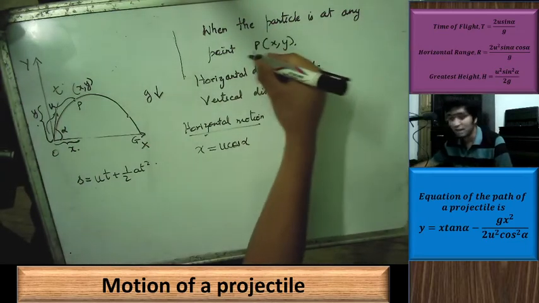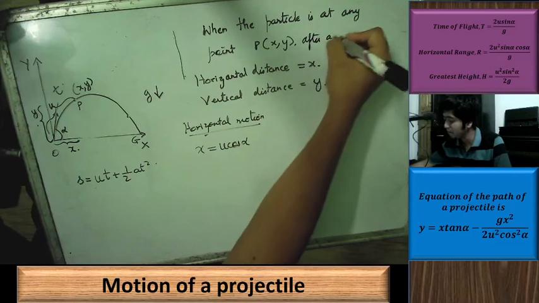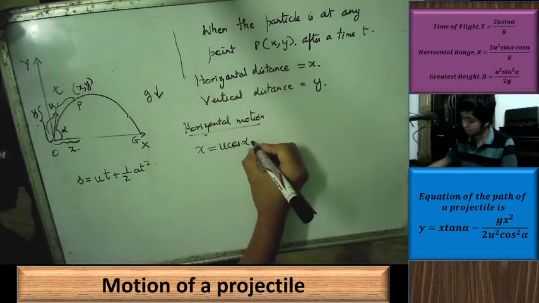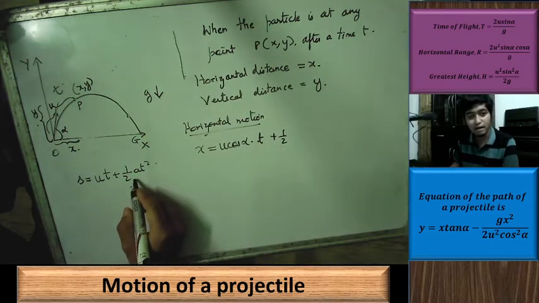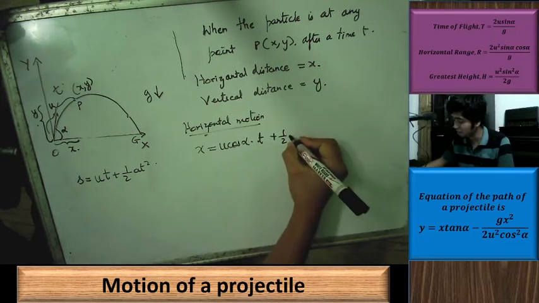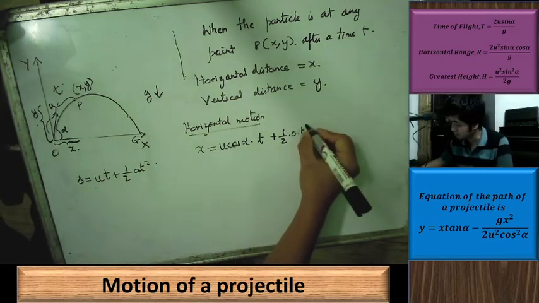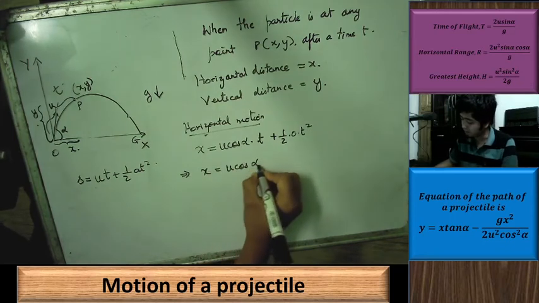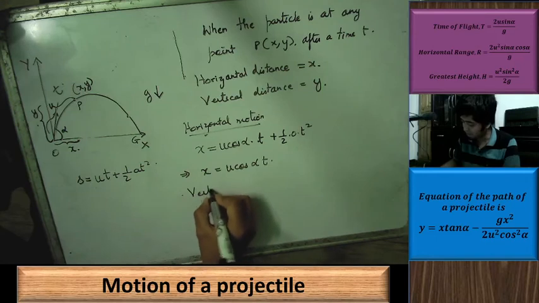When the particle is at any point P, after time t, we will be having this plus half, and instead of a, I will be having 0, because the component of the acceleration of gravity is 0, t squared. So we will be having x equals u cos alpha t. And what about the vertical motion?